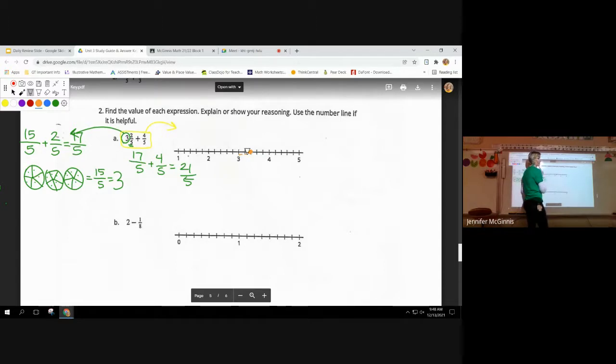And then how many fifths are we going to add, Allie? 4. We're going to add 4/5. And that's going to land us on 21/5 or 4 and 1/5. That's right. 4 and 1/5.